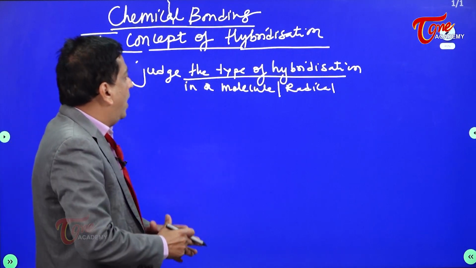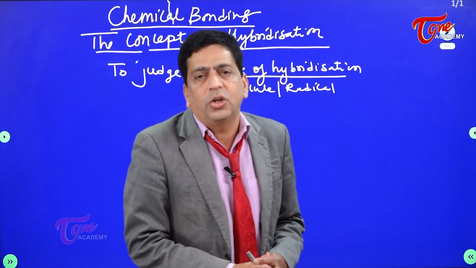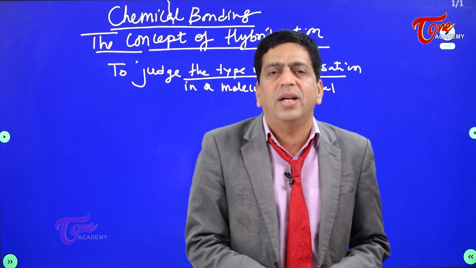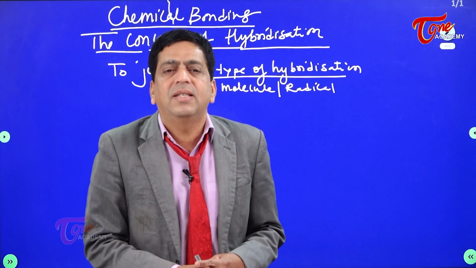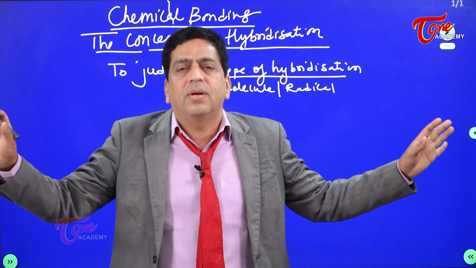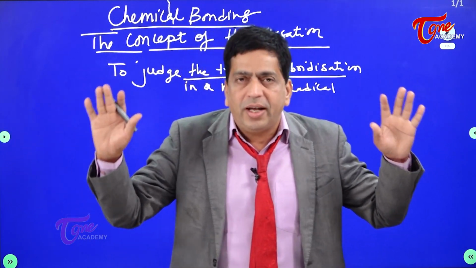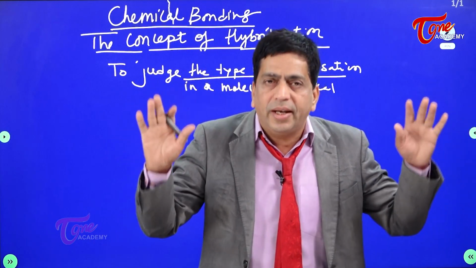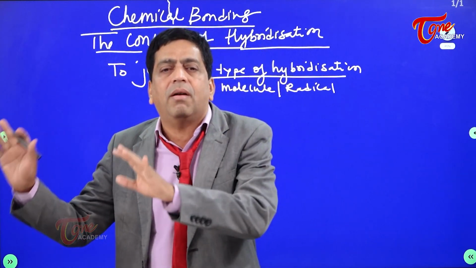To judge the type of hybridization in a molecule or in a radical, in the sense a positively charged species or a negatively charged species, I draw your attention. You have n number of compounds and you have to name the hybridization that takes place in that particular species or radical.